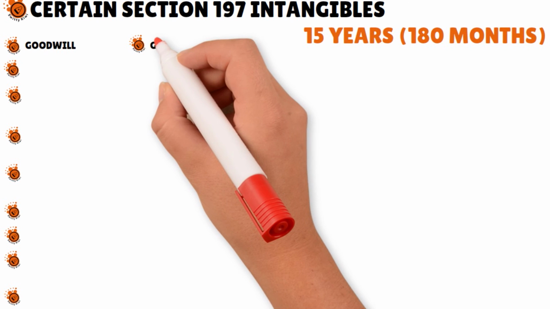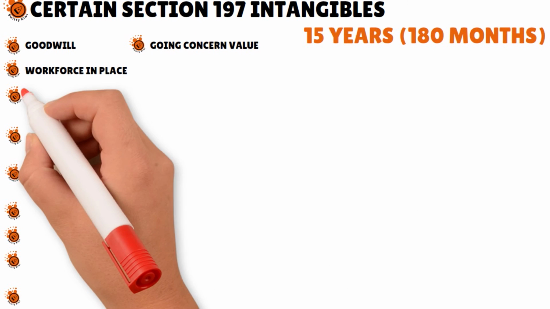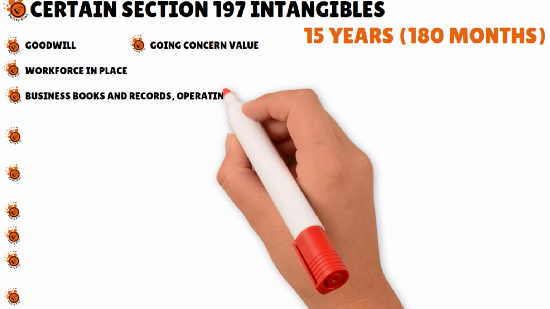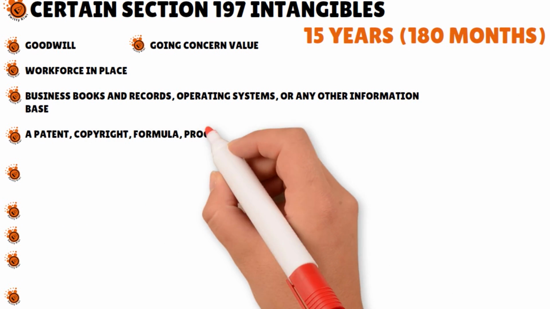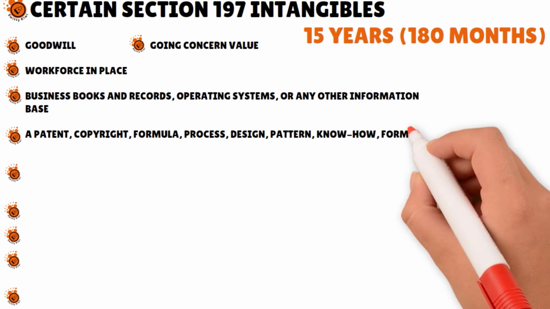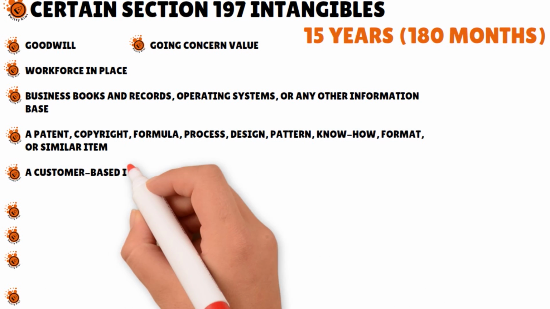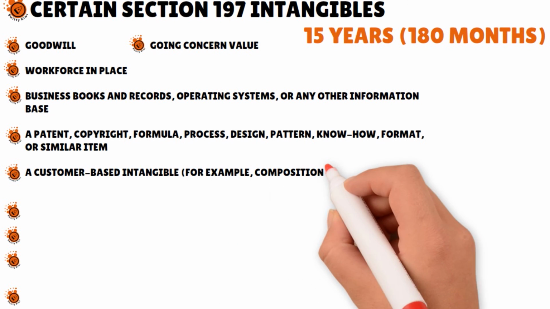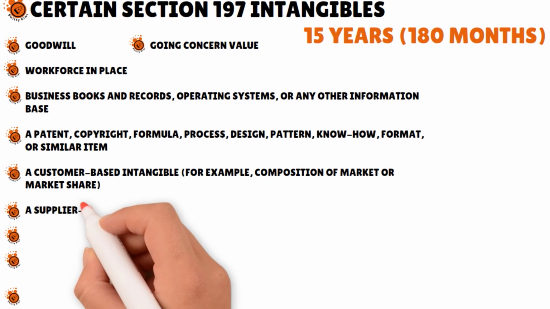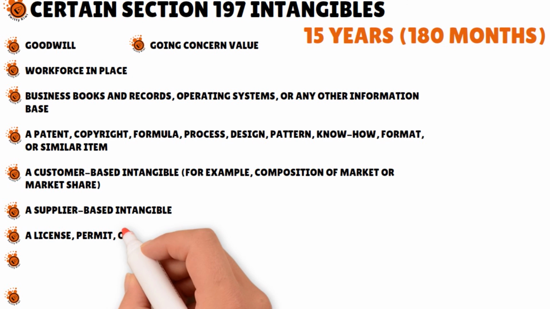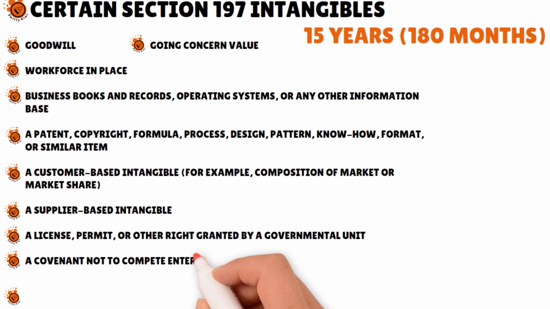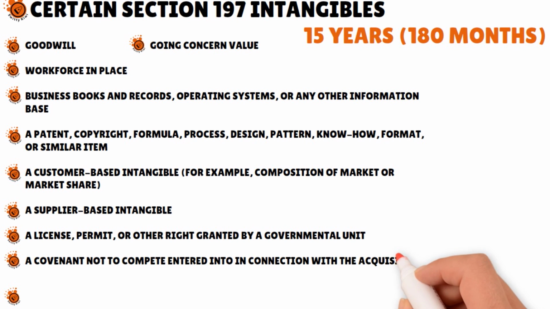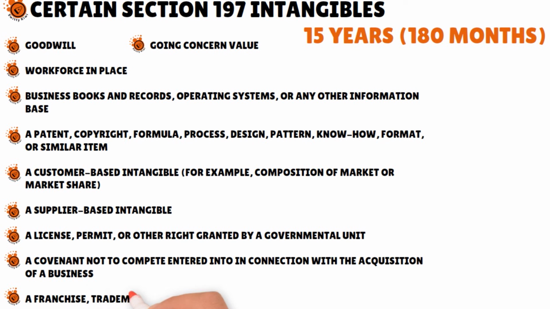So you have goodwill, going concern value, workforce in place, business books and records, operating systems, and any other information base; a patent, copyright, formula, process, design, pattern, know-how, format, or similar item; a customer-based intangible, for example, composition of market or a market share; a supplier-based intangible; a license, permit, or other right granted by a governmental unit; a covenant not to compete entered into in connection with the acquisition of a business; a franchise, trademark, or trade name, including renewals.